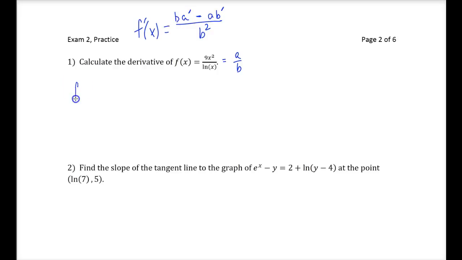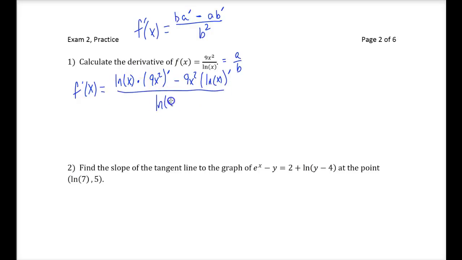So in looking at it that way, when we take the derivative, we will take the low function times the derivative of the high function, and I'll do this in prime notation, minus high function times derivative of the low function, all over the low function squared.